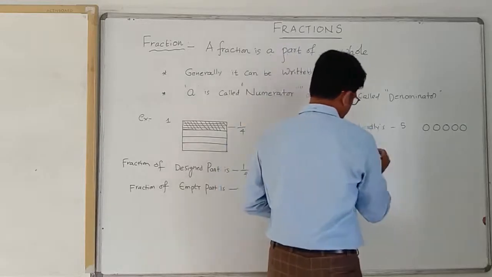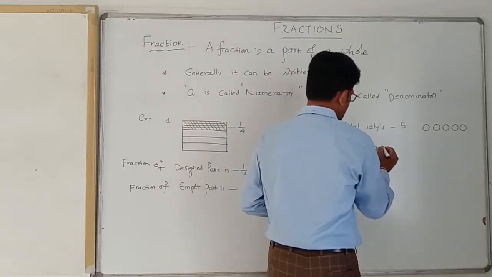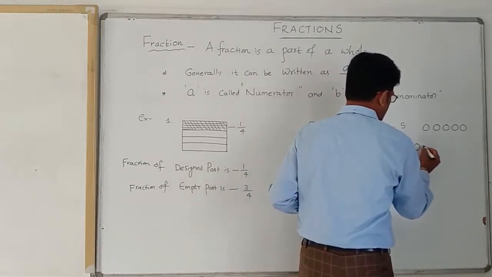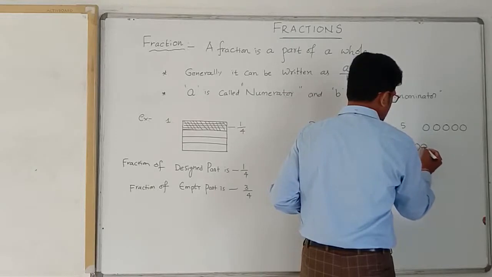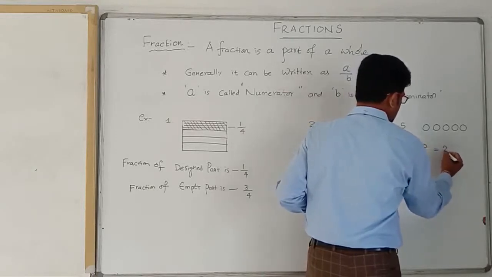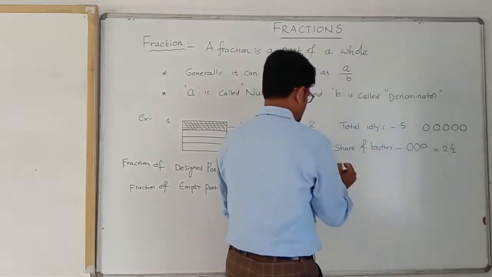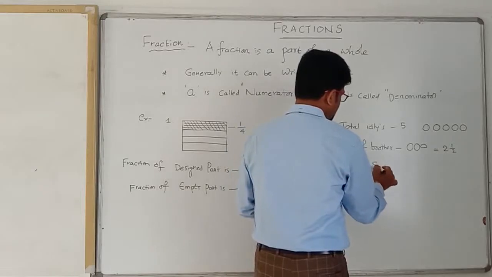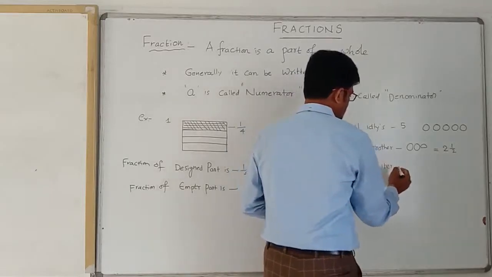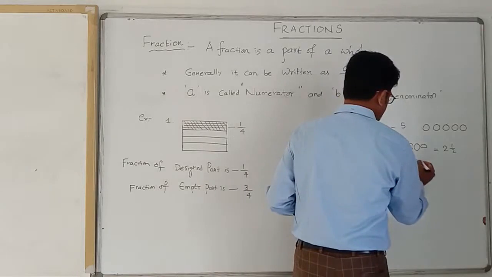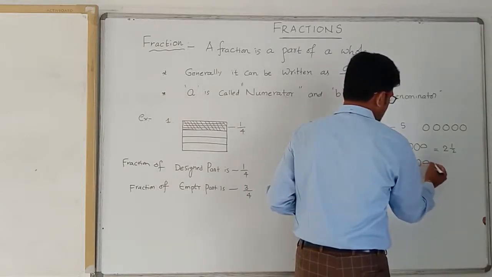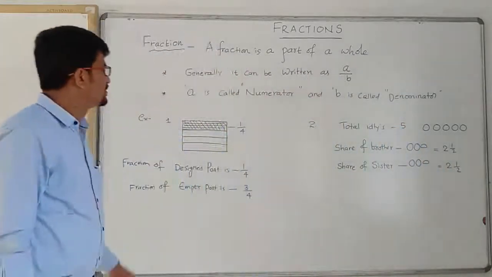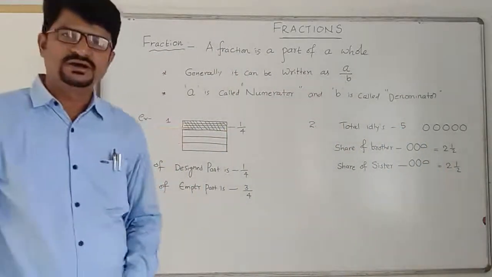Share of brother: 1, 2, that implies share of sister: 1, 2 and another one. Clear? Clear, children? Now write this introduction in your notebook. Write it.